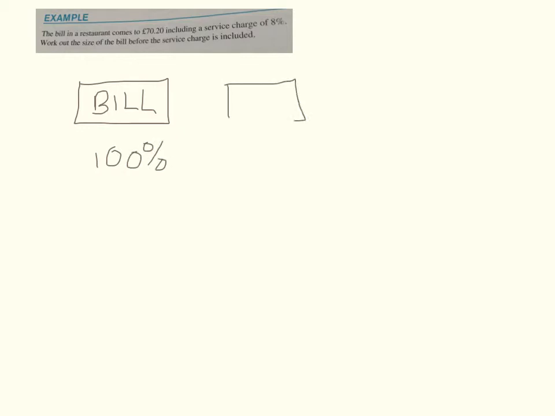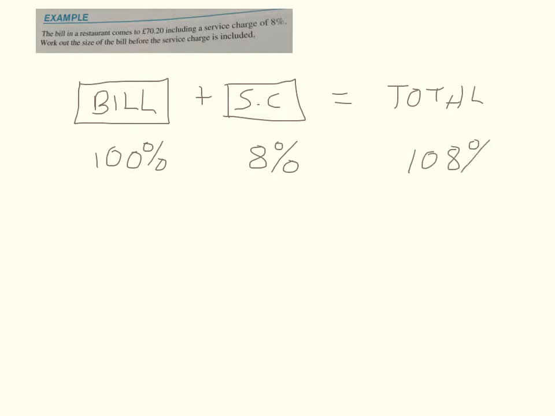Here I have the service charge, and that's 8%. And I add them together and I get my total bill, which is 108%. So we're going to have to think a little bit. This £70.20 is equal to 108% of the original.